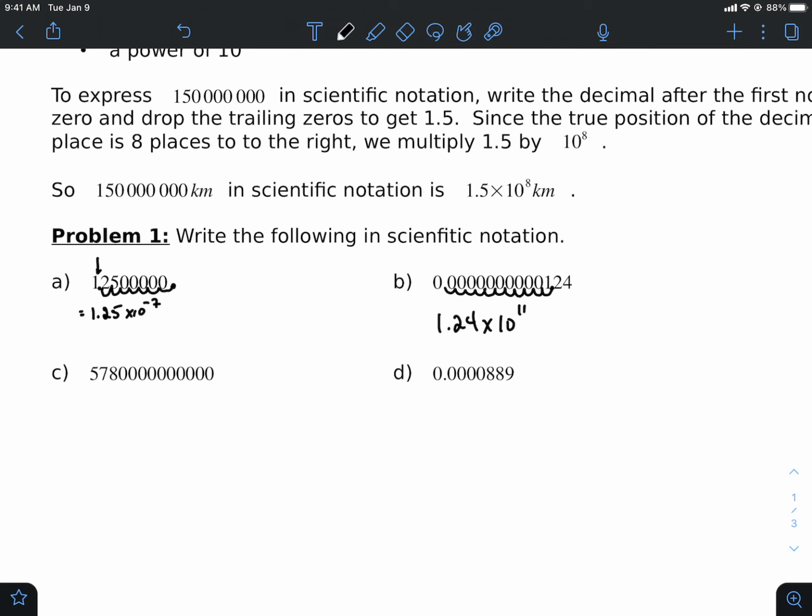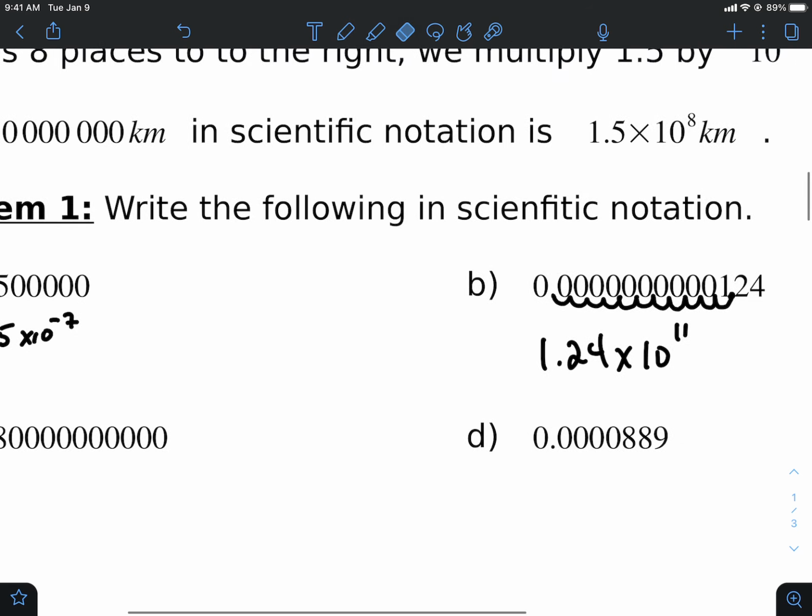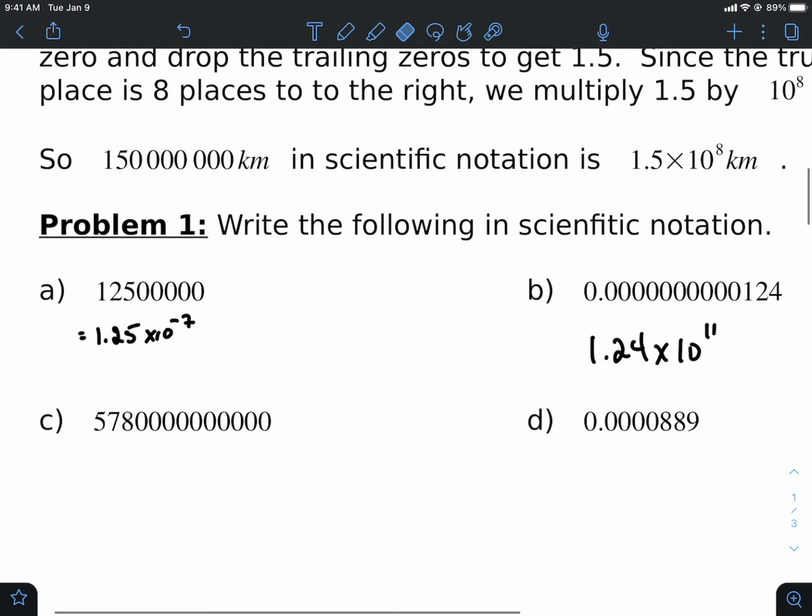Okay. Does everybody agree? Well, let me ask you a question. Let me erase some of these bumps here. Which number is bigger than which? Elizabeth?